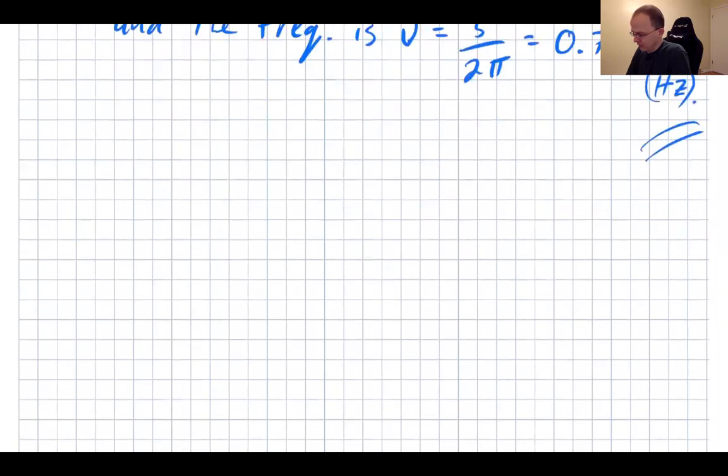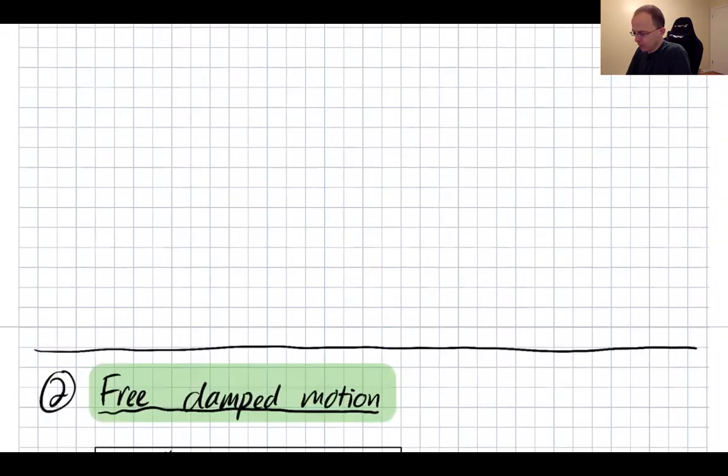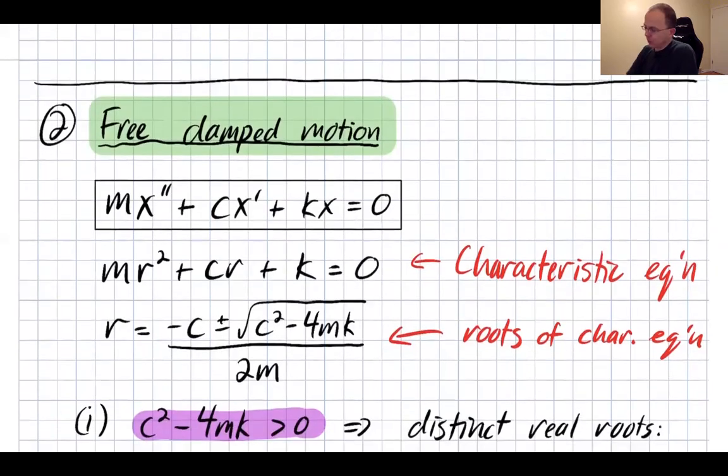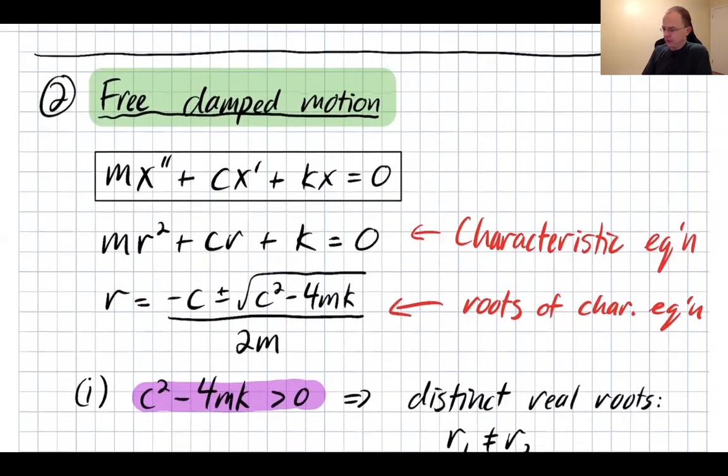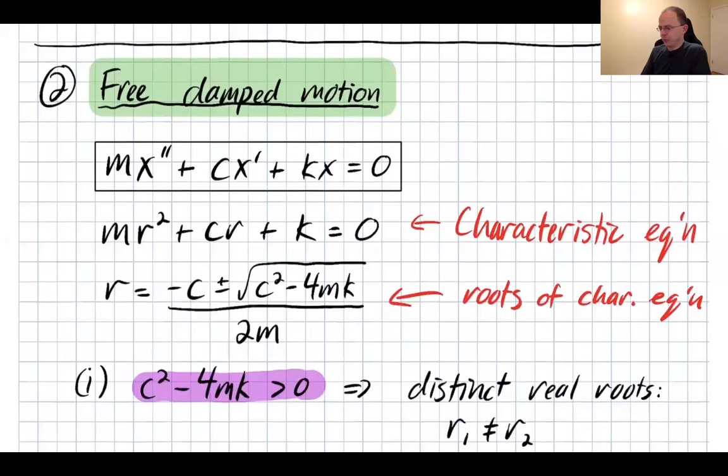All right, now let's look at the second case, which is free damped motion. Now we're going to be including this damping term, and this will make things a little bit more interesting. So now the characteristic equation that we have is this one.